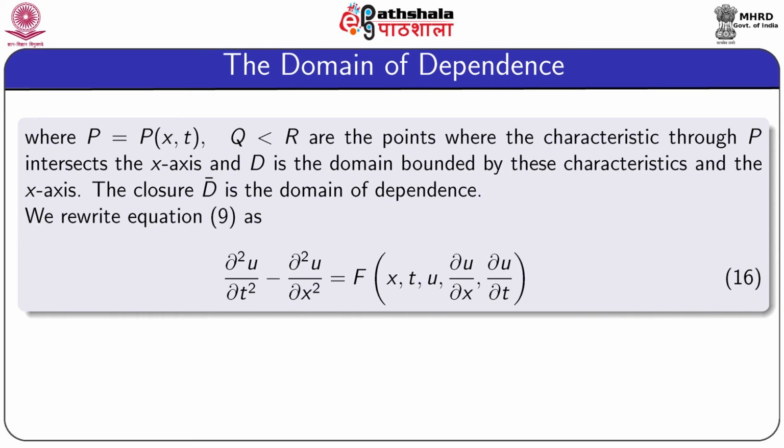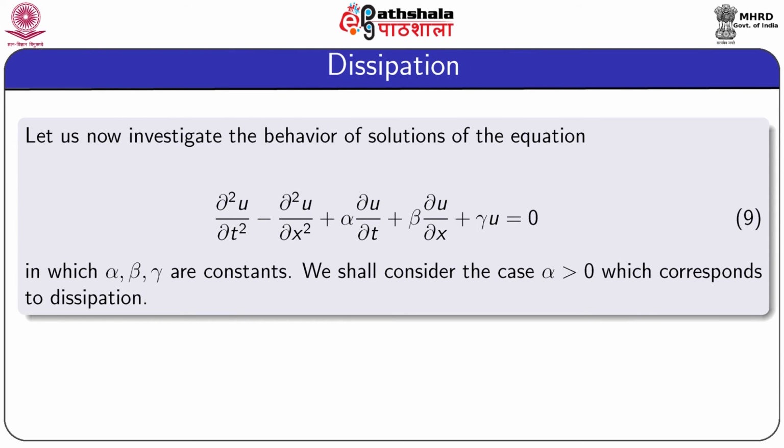Now, we are interested to find the domain of dependence of equation 9. So, this is our equation 9. If we compare this equation with the inhomogeneous wave equation, for that we need to take the terms alpha del u del t plus beta del u del x plus gamma times u to the right hand side of this equation.